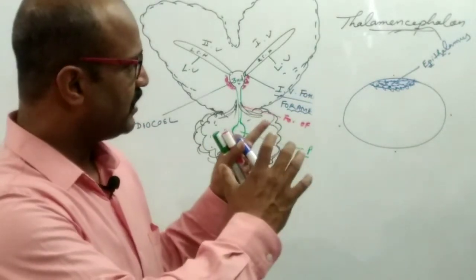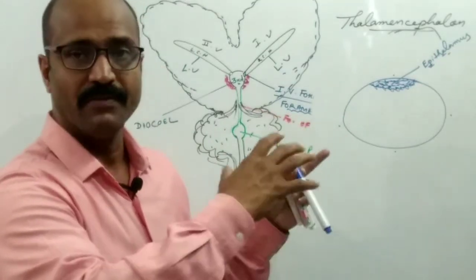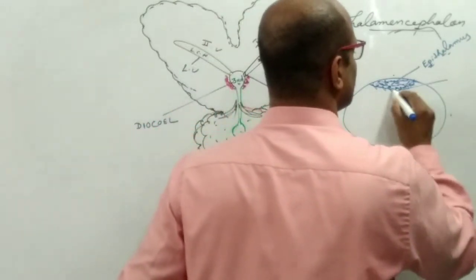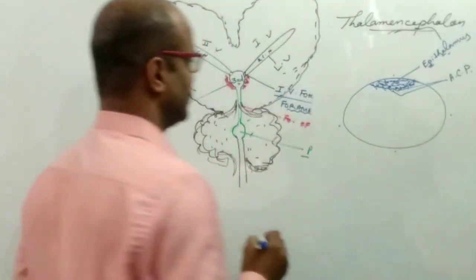So the surface of the epithalamus contains more blood vessels and forms the anterior choroid plexus.